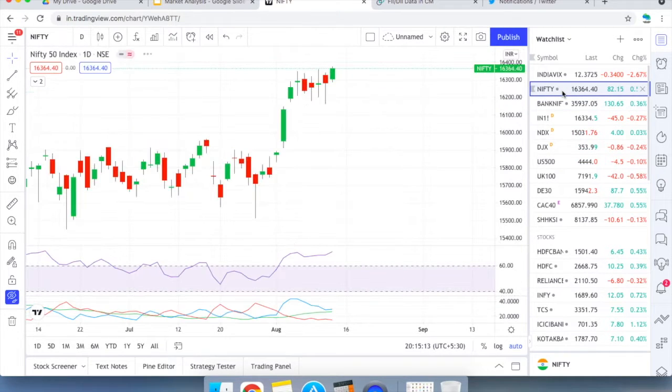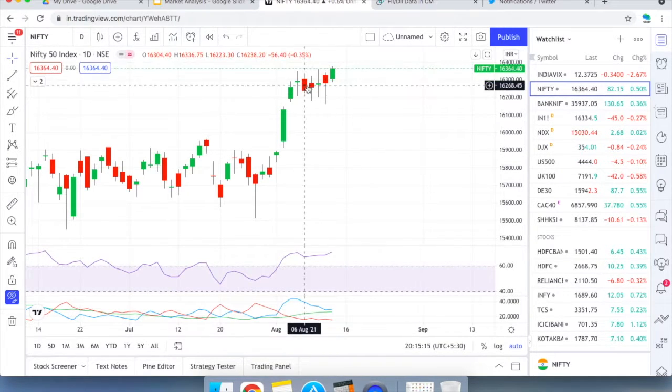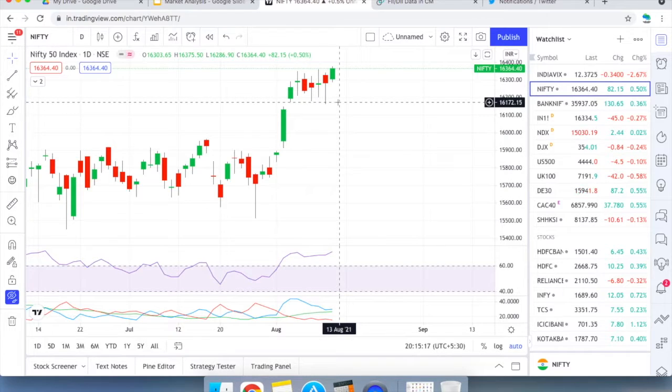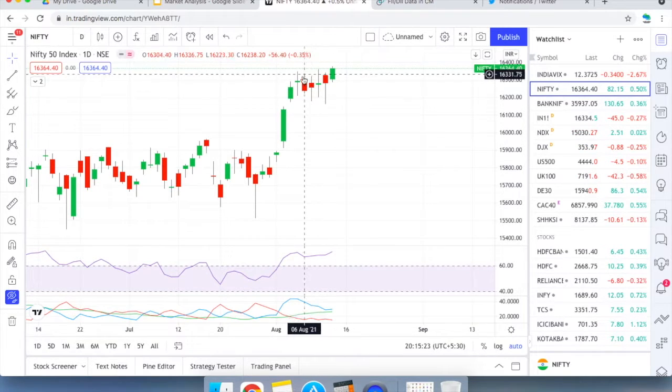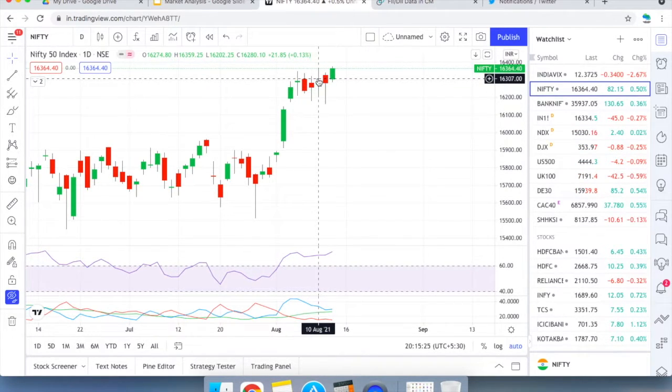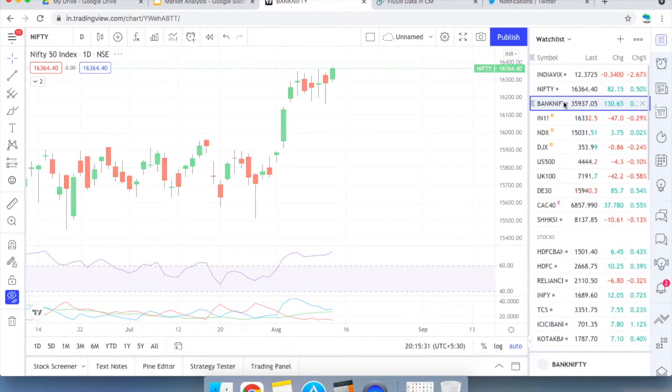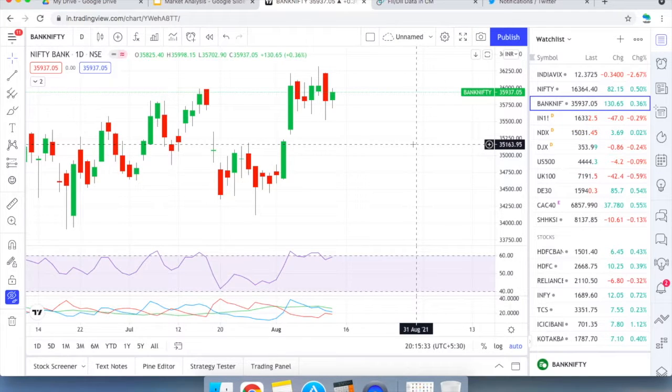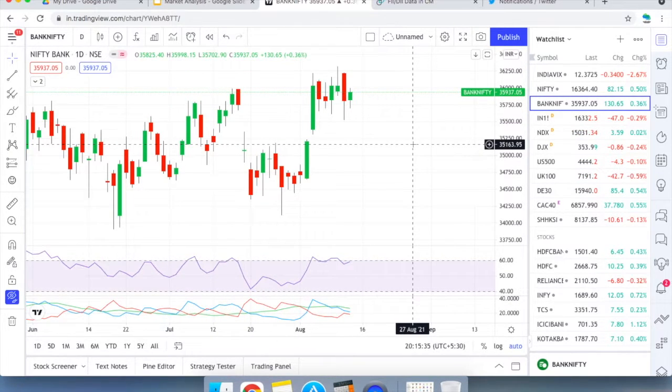So there is a potential that it can break out. Here also there is a flag kind of breakout which has just begun. It's not fully confirmed, but this is one green candle after 5 days of consolidation, clear here. Here it is yet to happen, because Bank Nifty didn't move much. Today it was only 130 points.